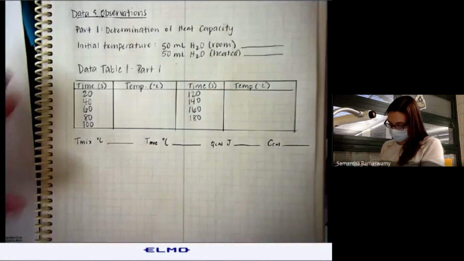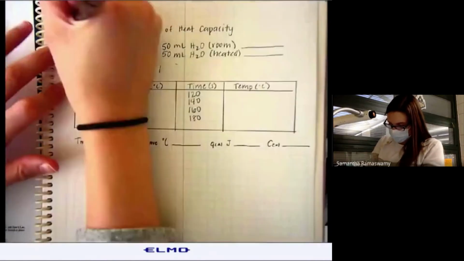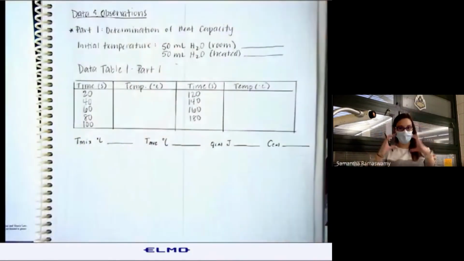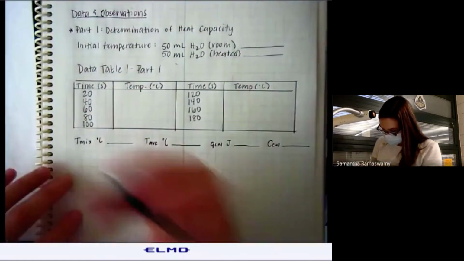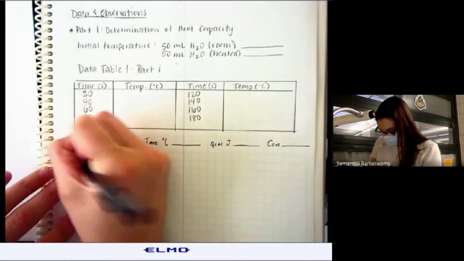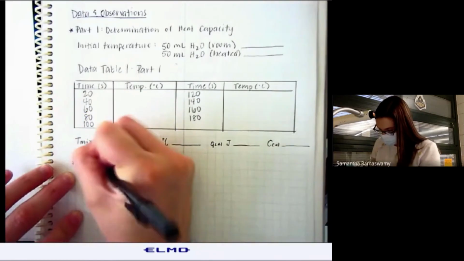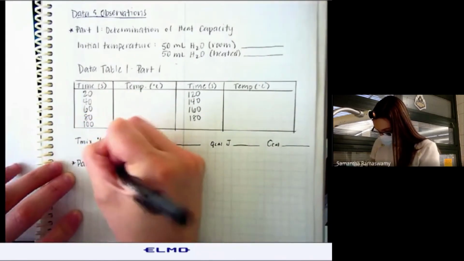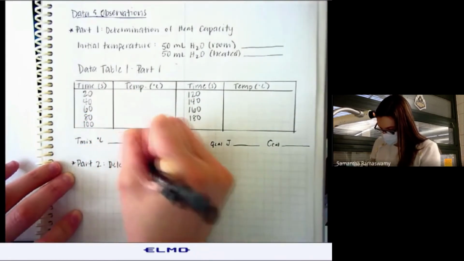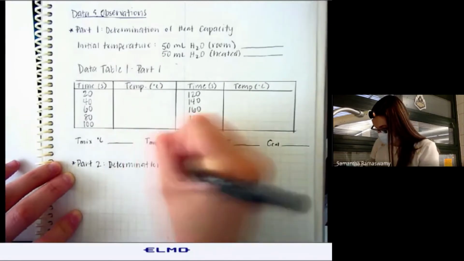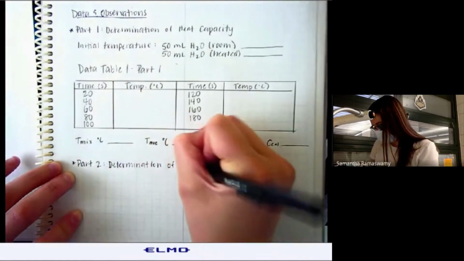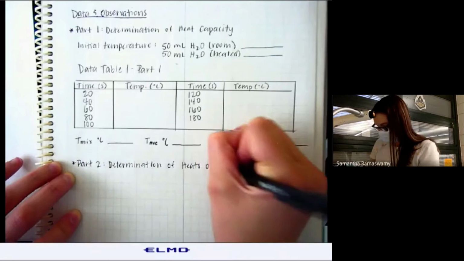And if it helps, put a star for part 1, that way it's easy to find part 1. And then we want to put a star, part 2, determination of heats of reaction.